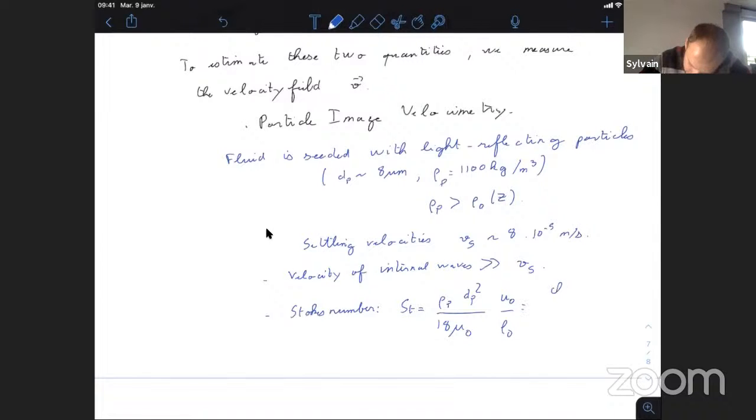Basically, this is the characteristic time of a particle over the characteristic time of the flow.